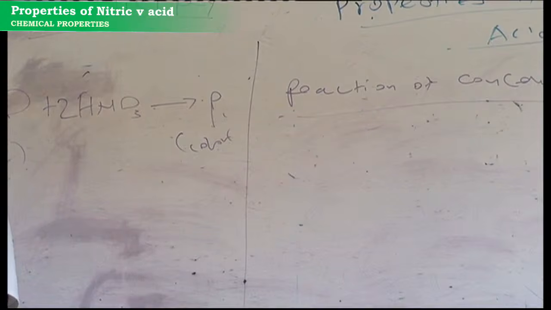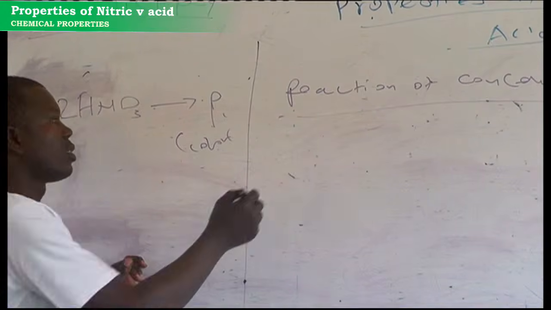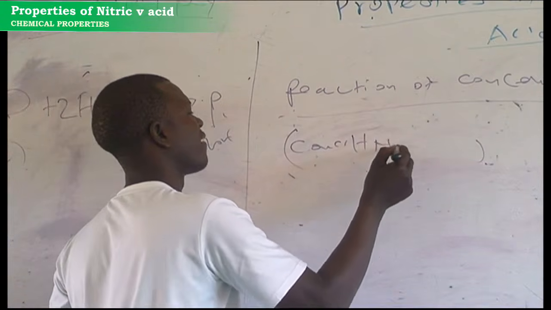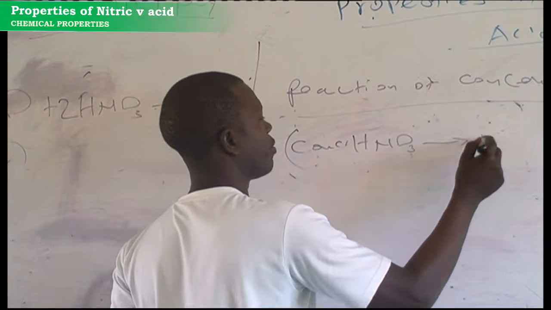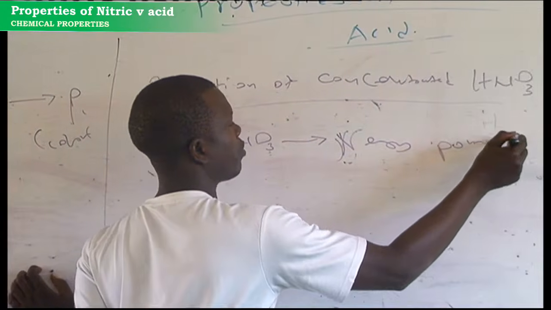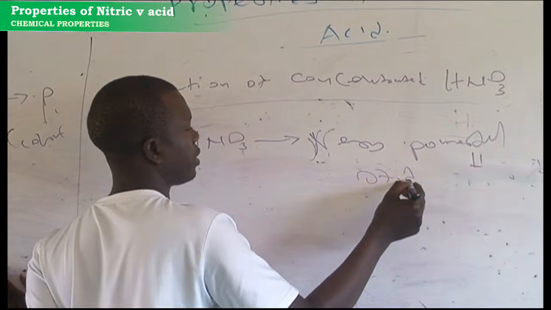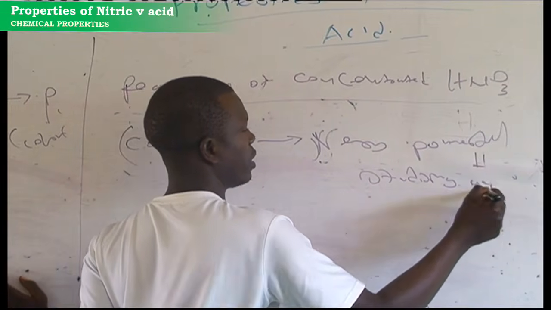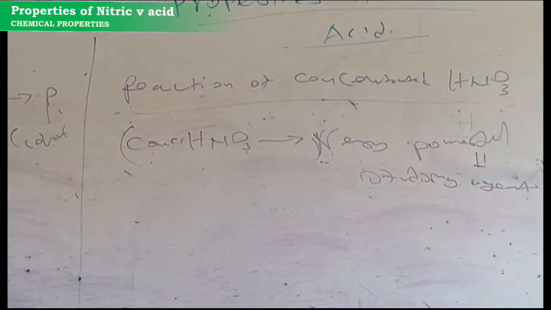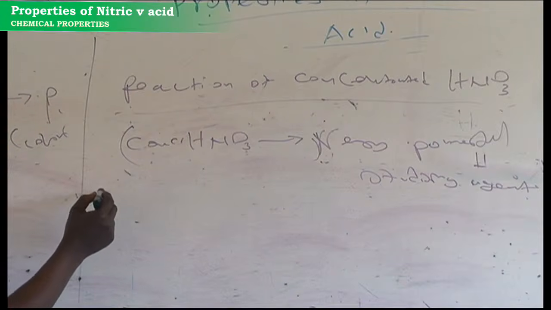Concentrated nitric acid is always a very powerful oxidizing agent. You realize that it will readily oxidize other substances.